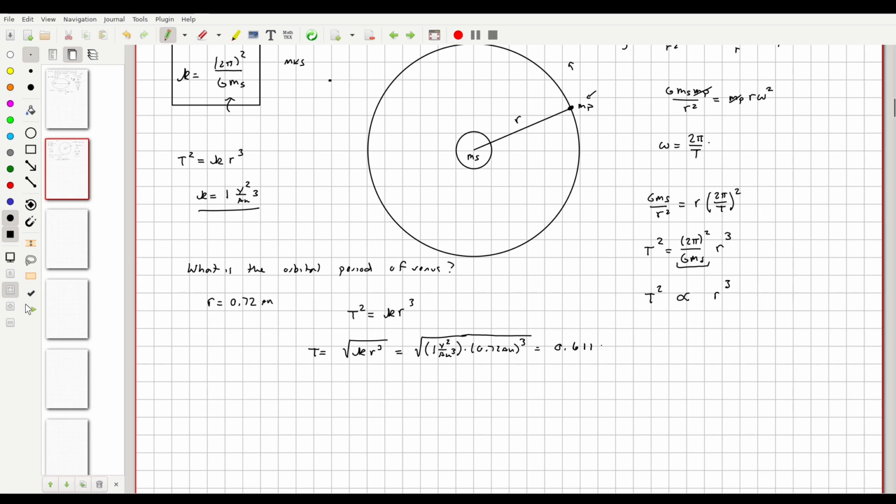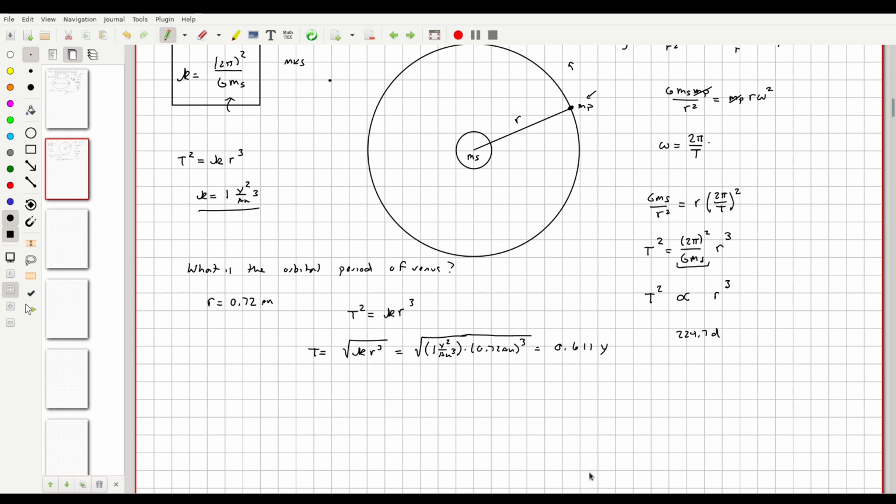0.611 years. Now, if you look up the sidereal period, that is how long it takes for Venus to take 1 full orbit around the sun, as seen from space. That's kind of what sidereal means. It says it is 224.7 days. Well, again, this is in years.